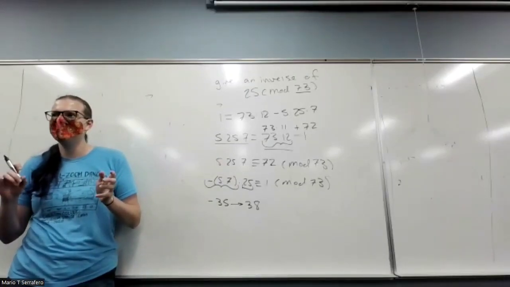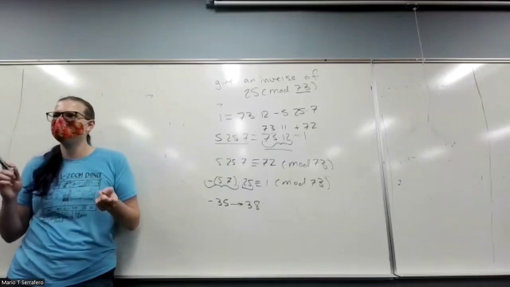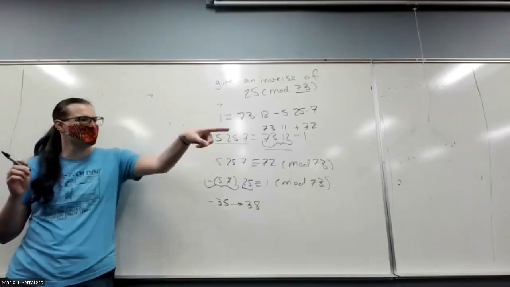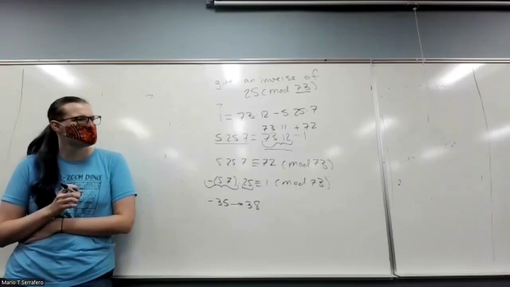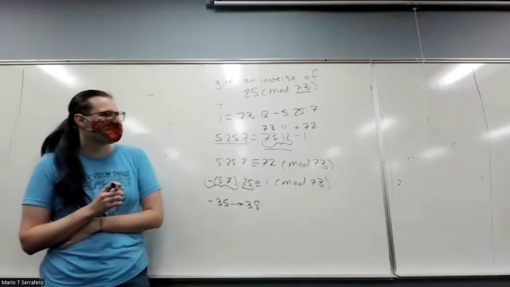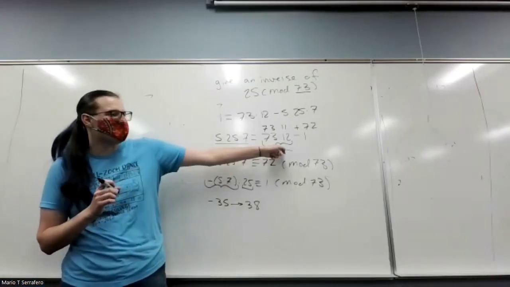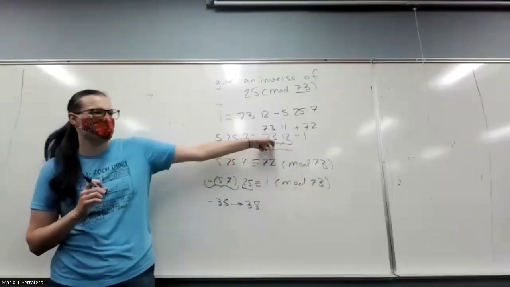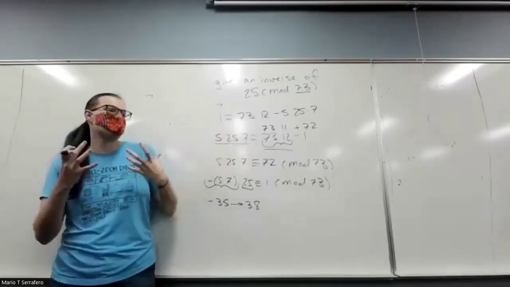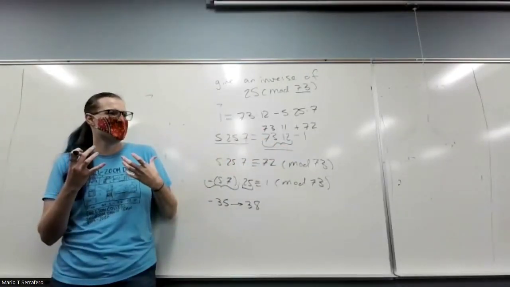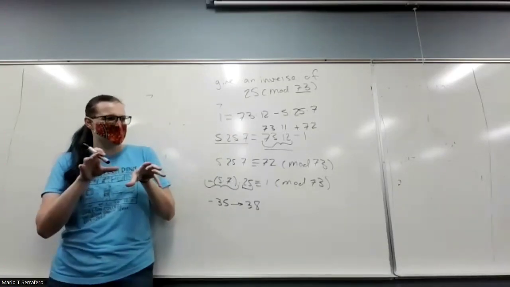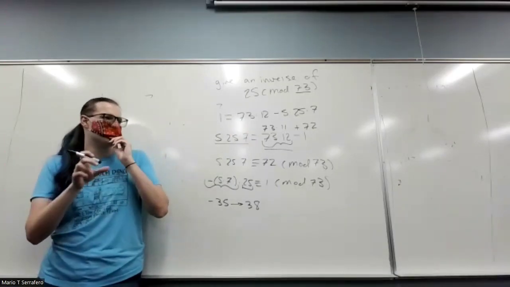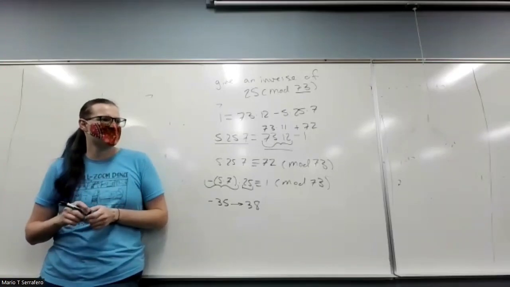All right. Other questions? So I get rid of the 12 because what I care about is being a multiple of 73, not which multiple of 73 it is. All I care about is the remainder, or in other words, how far away from a multiple of 73 I am.